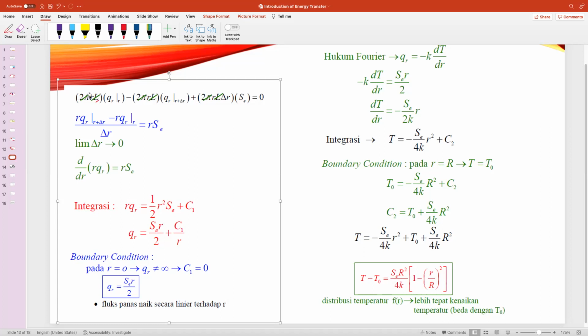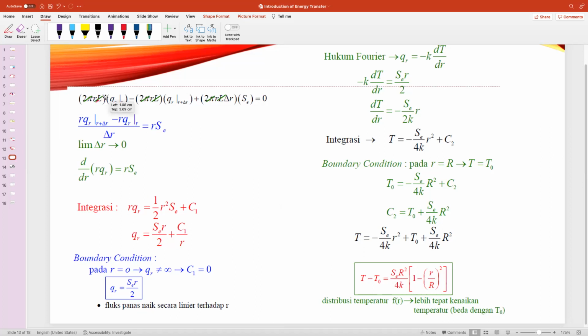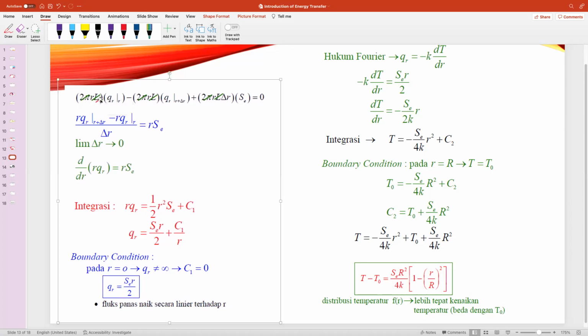So we eliminate the 2π and L here, then rearrange the equation, put the SE over there, and make the minus become plus.